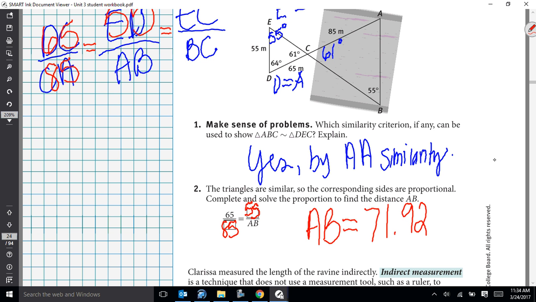And then what are our units? Meters. So we know the distance across the ravine is 71.92 meters.